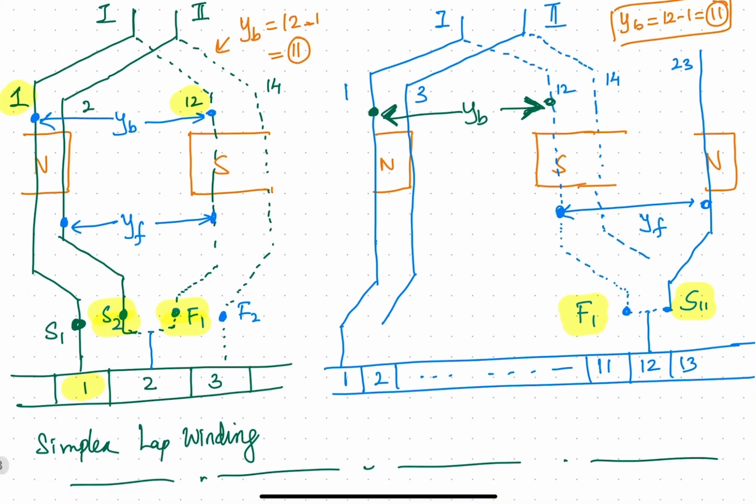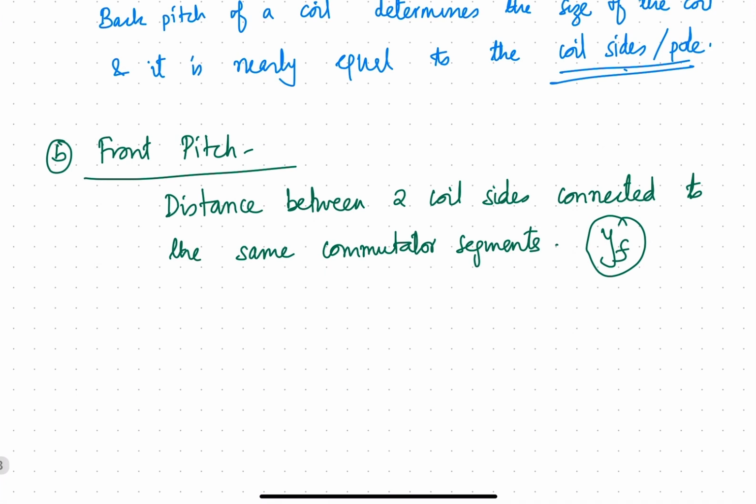So you can find out the front pitch from the serial numbers of the coil sides, and then you can subtract the two and you can get this front pitch. Okay, so this is about the front pitch.